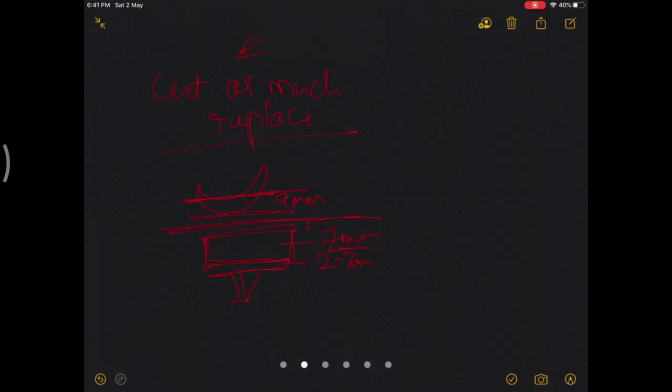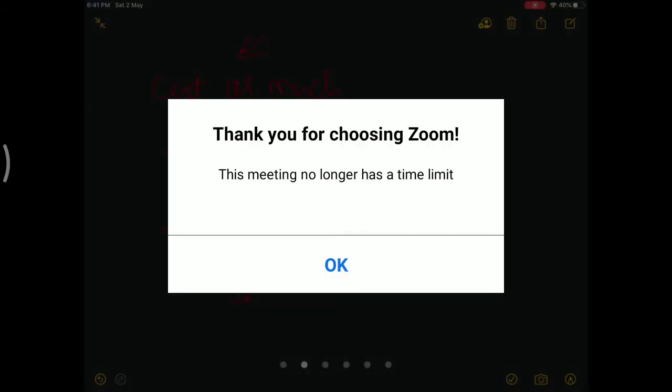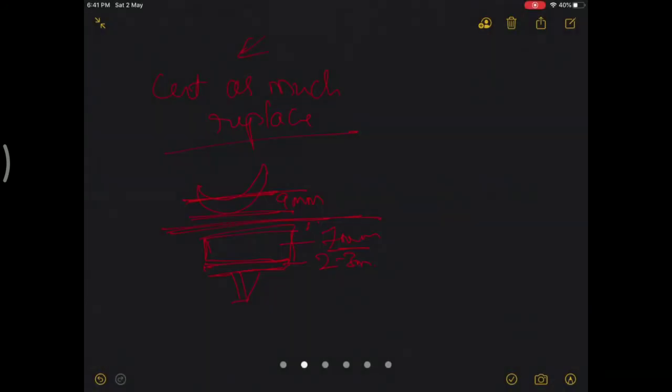This is done in most of the surgeries which are not that significantly deformed.